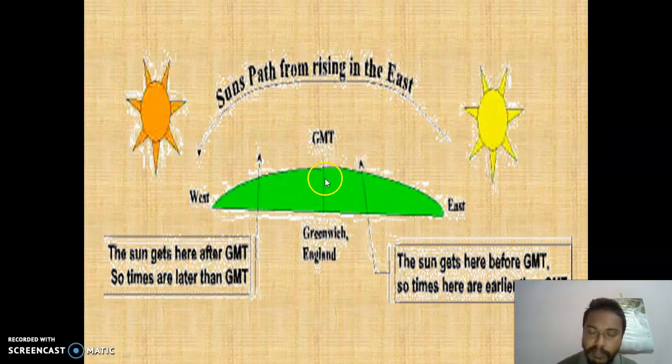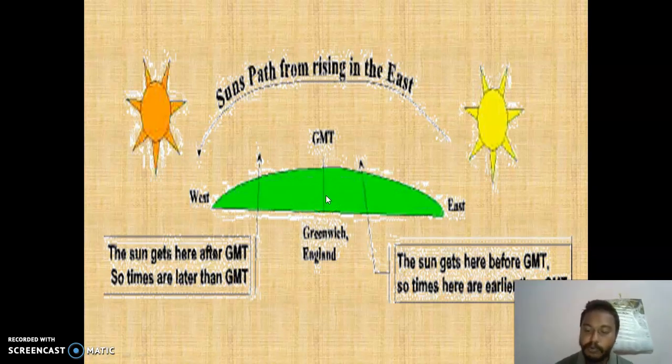That's why when we calculate time on this side from GMT, we do plus, and when we calculate time in the west, we do GMT minus. Because here the sun comes before GMT, so times are earlier than GMT, that's why we do plus. And here the sun comes after GMT, so they are later than GMT. I hope with this little example you have understood.